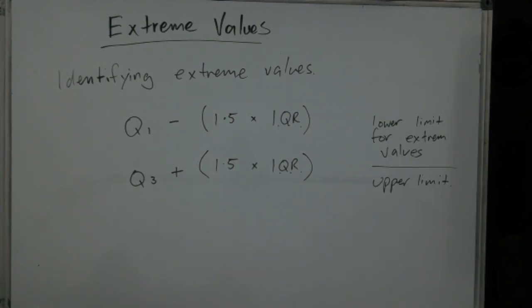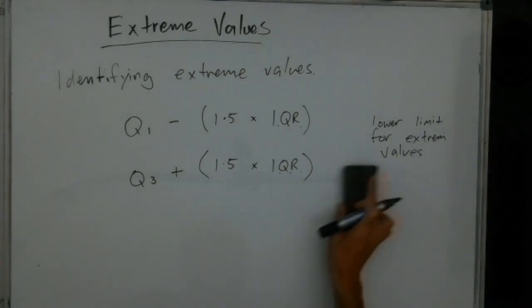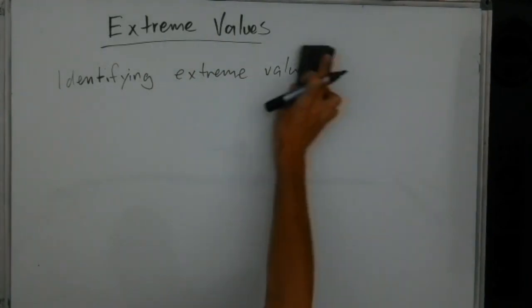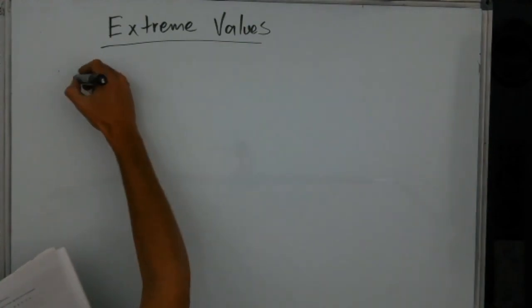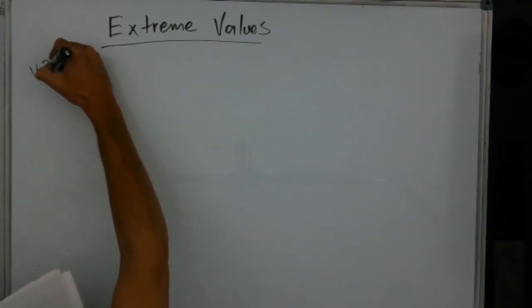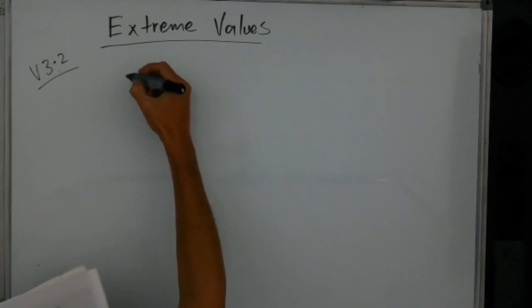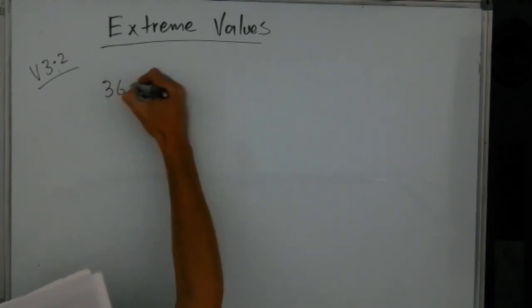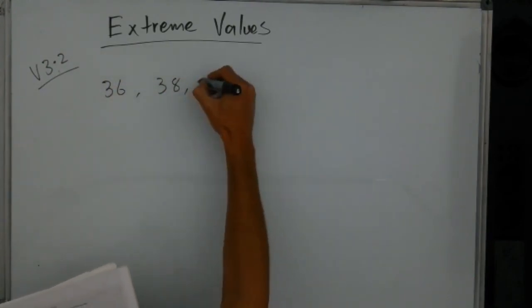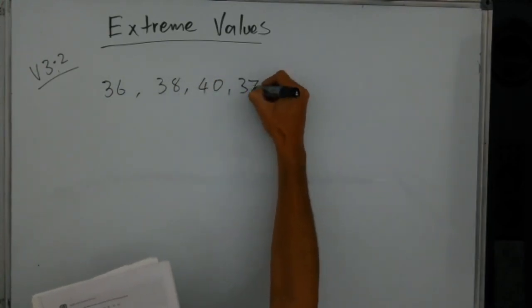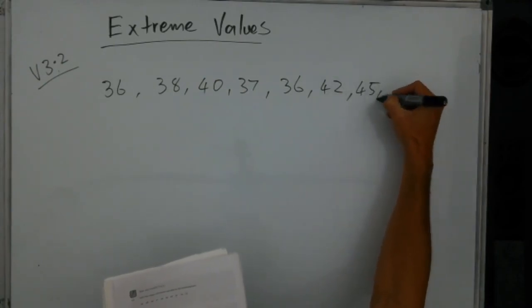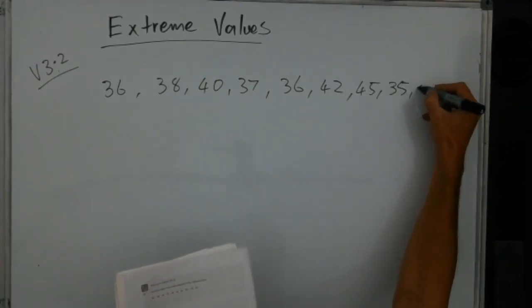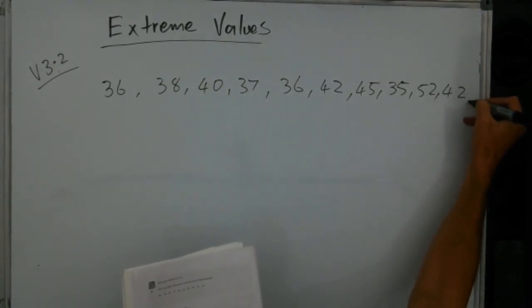Okay, so we have a quick example. This is going to be a very short video. So we've got some data. Let's just write this down. So this is 32, 36, 38, 40, 37, 36, 42, 45, 42.